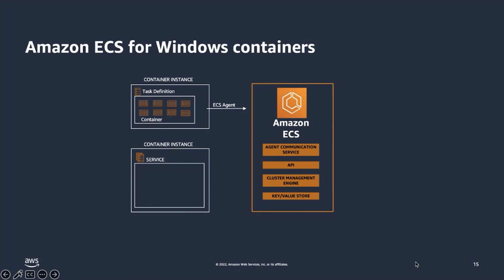And the Amazon ECS service is going to be responsible for keeping that number of tasks up and running for the period of time. But not only that, with the service, you can specify an Application Load Balancer or a Network Load Balancer to route your traffic to the task or the Windows container.